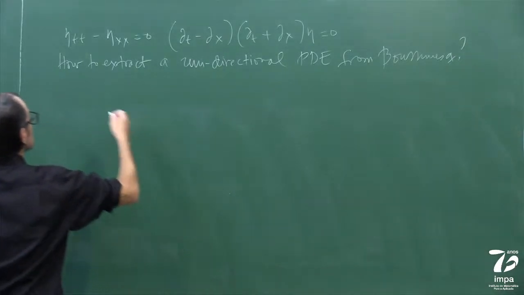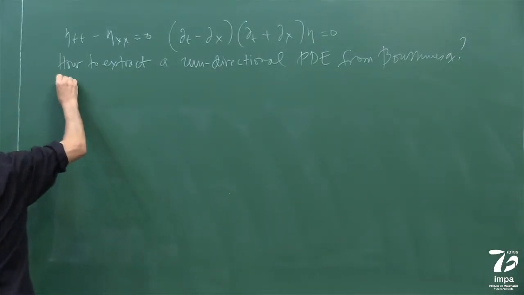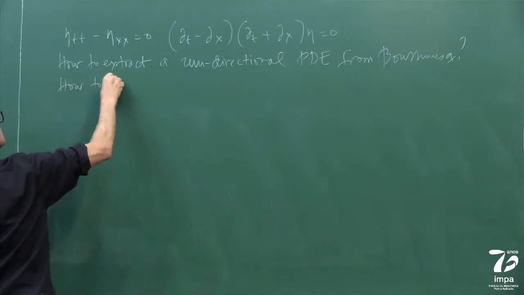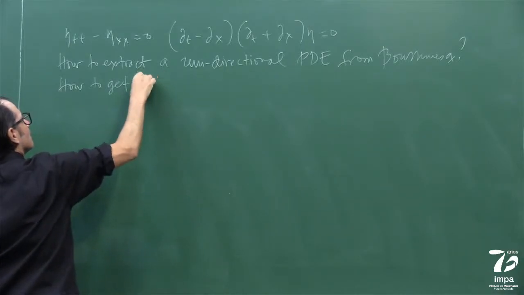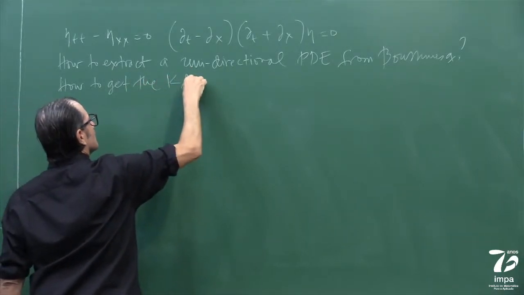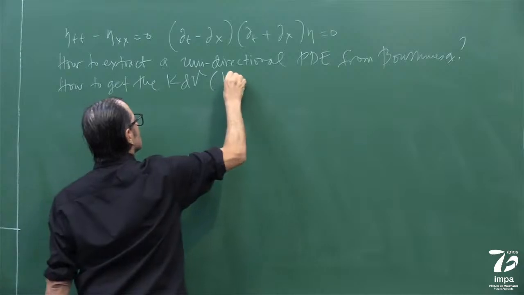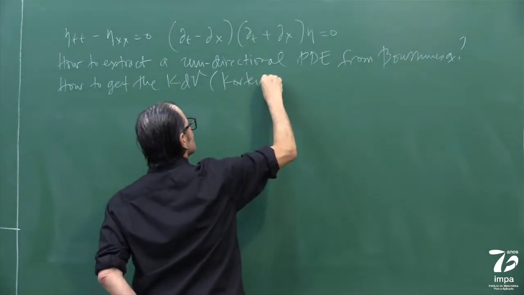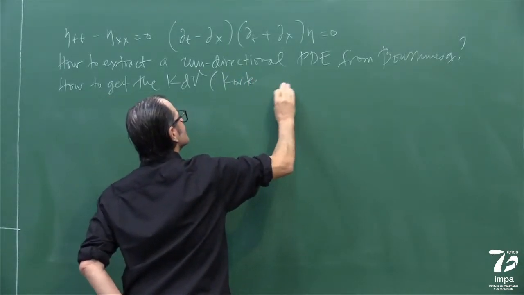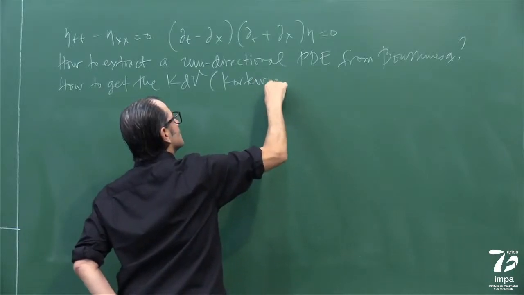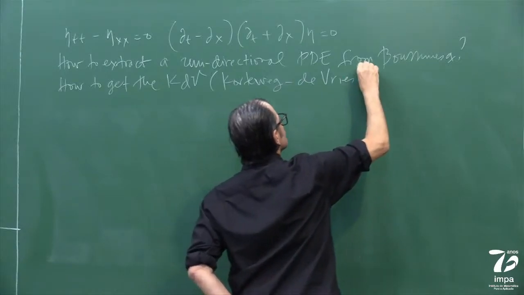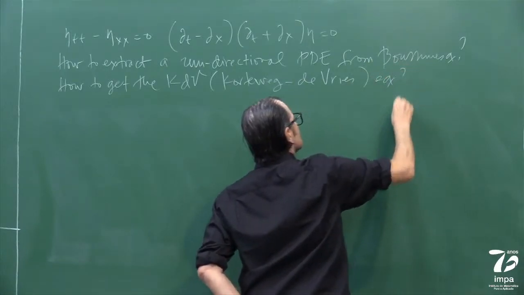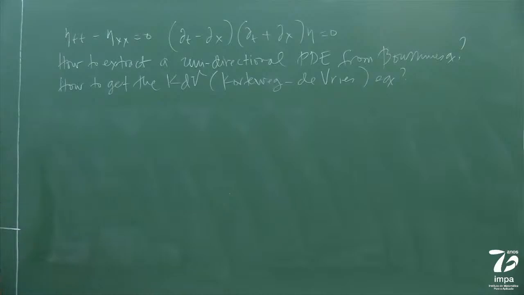And namely, this question is the same as how to get the KdV, which is the Korteweg de Vries equation. Okay, how to deduce it, right?